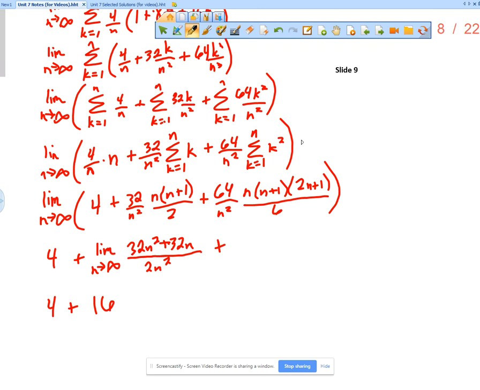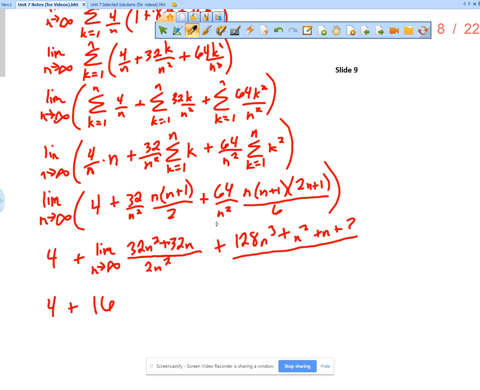All right, and then lastly, same thing. But now, if I multiply the n times n plus 1, of course, I get the n squared plus n. And then distribute again, I'm going to get 64 times 2, so 128 times n times n times n, so n cubed, right? And then plus some stuff with n squared, some stuff with n, some stuff with a constant, whatever. I don't really care about all that stuff.